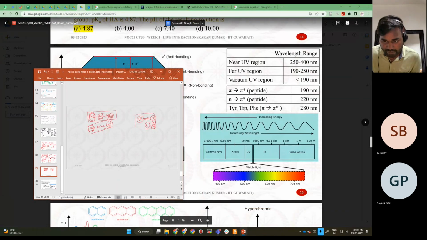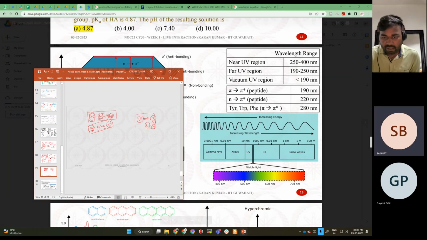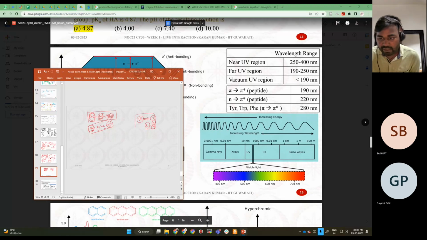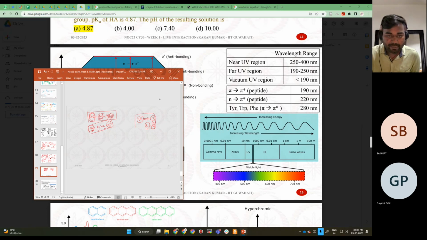So in this entire electromagnetic spectrum, you will see that this particular wavelength is the lower wavelength, and the amplitude is the same. When you increase the wavelength, think of how this happens in your molecule: if there is an atom, the atom will have electrons, protons, and neutrons, right?